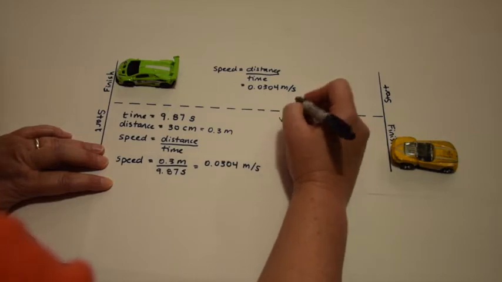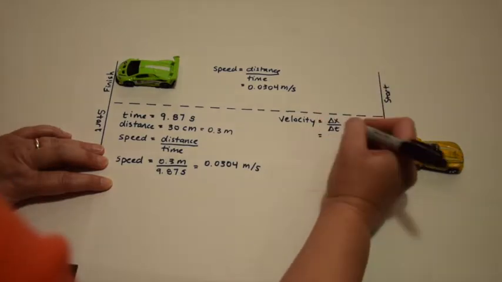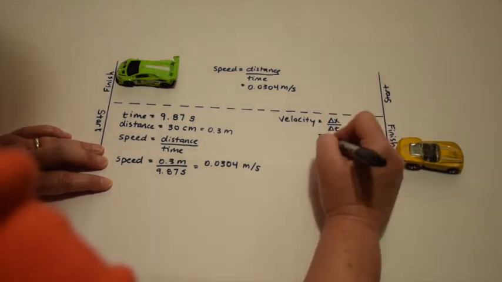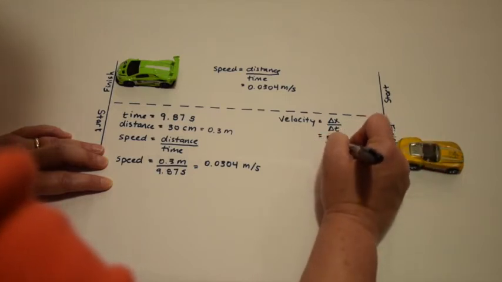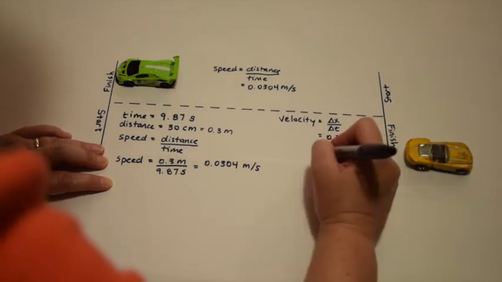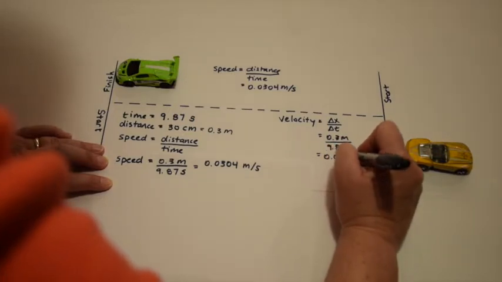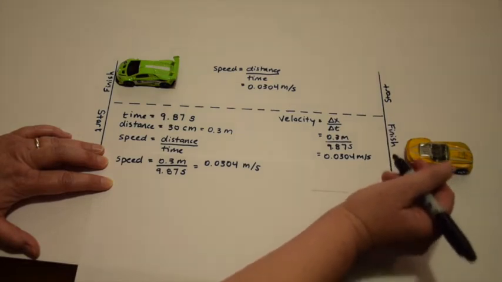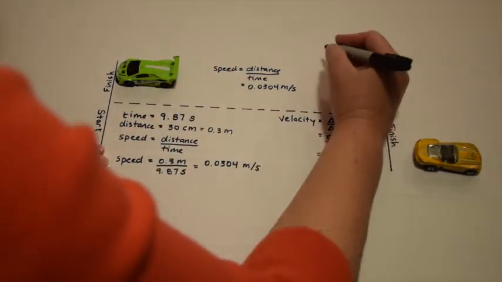So the velocity is equal to displacement over time, okay? Displacement here is a positive 0.3 meters. The time is 9.87 seconds. Okay, and that's going to give us the same answer, 0.0304 meters per second. But velocity is a vector, so it includes direction as well. So that's going to give us to the right the velocity of the green car.